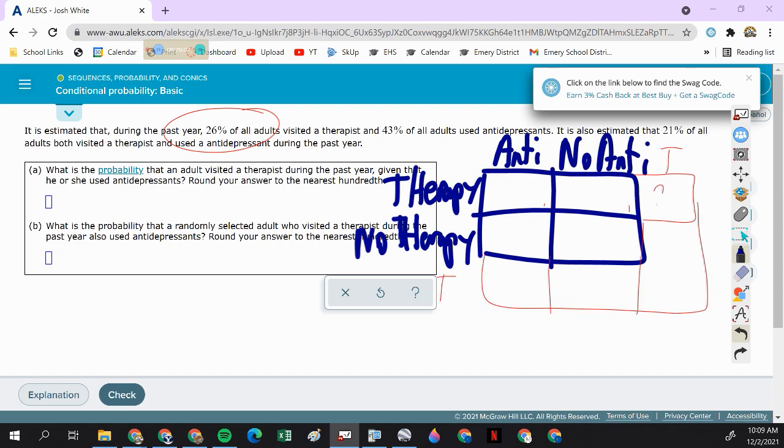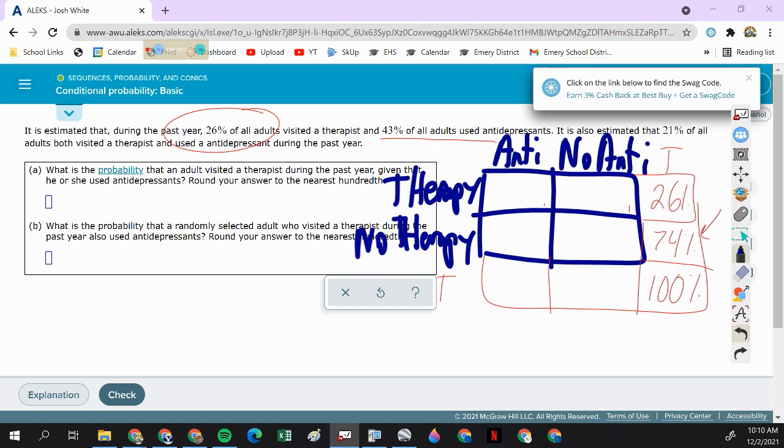So this is 26%, which means the one below it, this box has to be, well, everything adds up to 100%, right? So this has to be 74%, right? Okay.